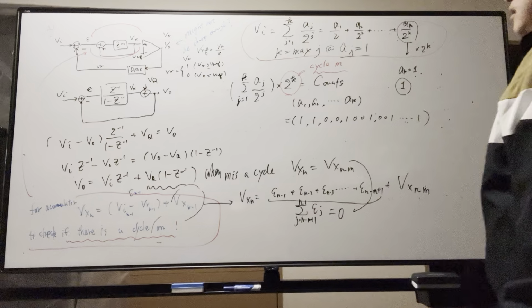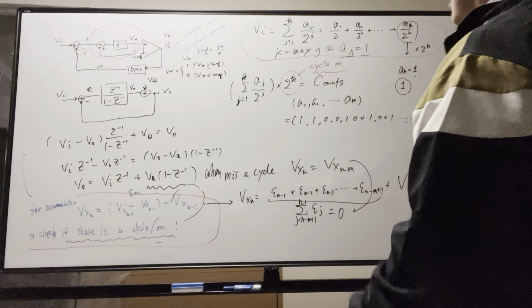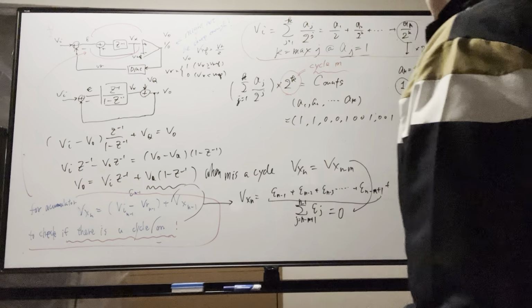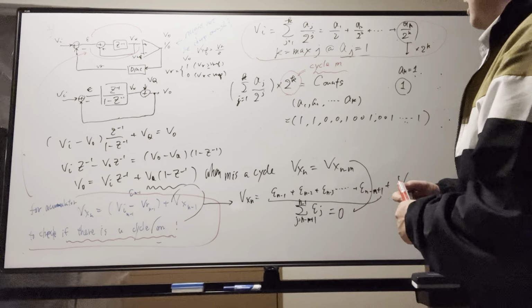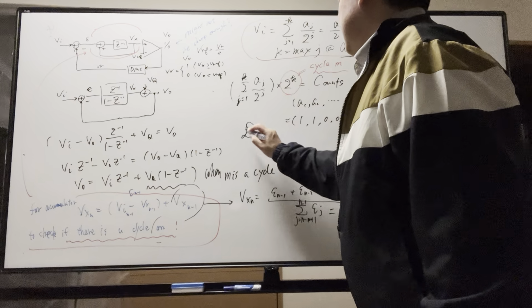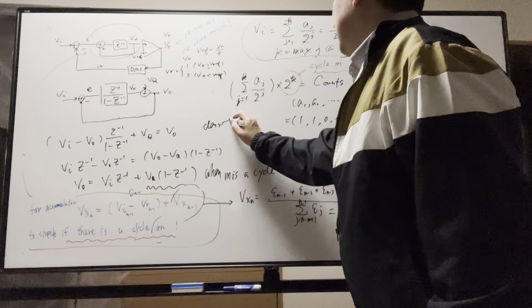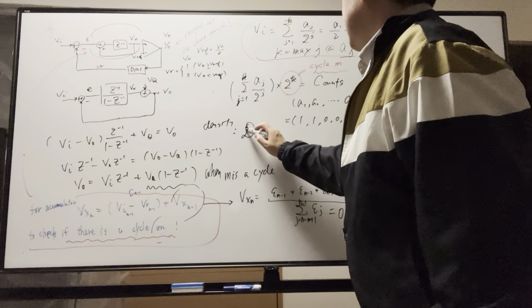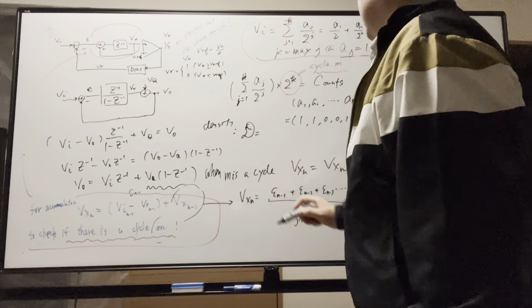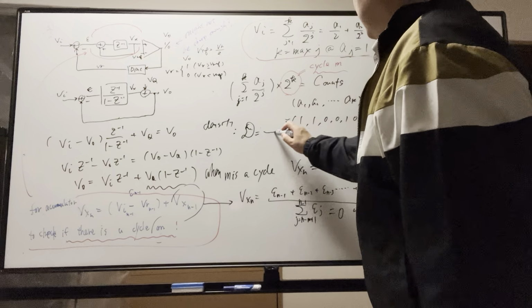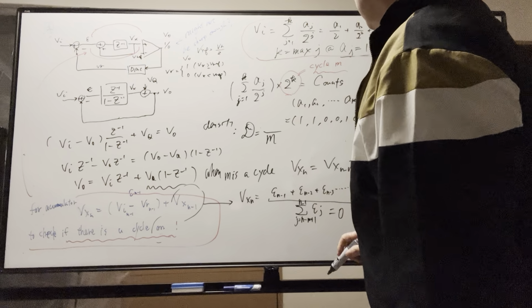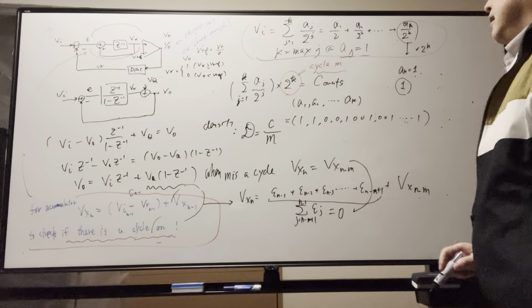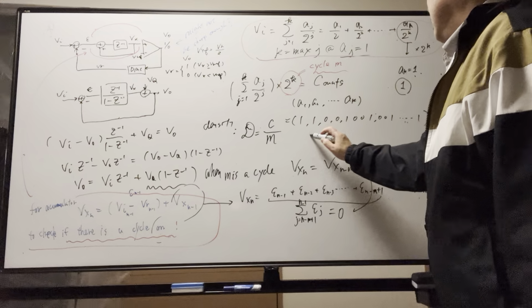So the exact Vi for each rational number is explained with ones and zeros as a density, D equals the count C over the m cycle, C over M.